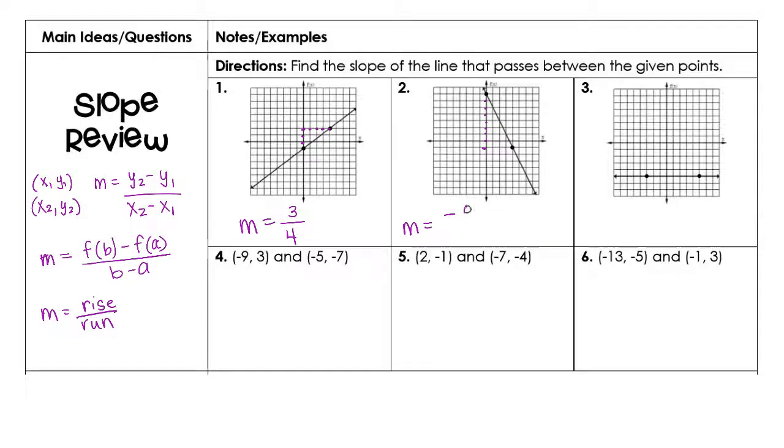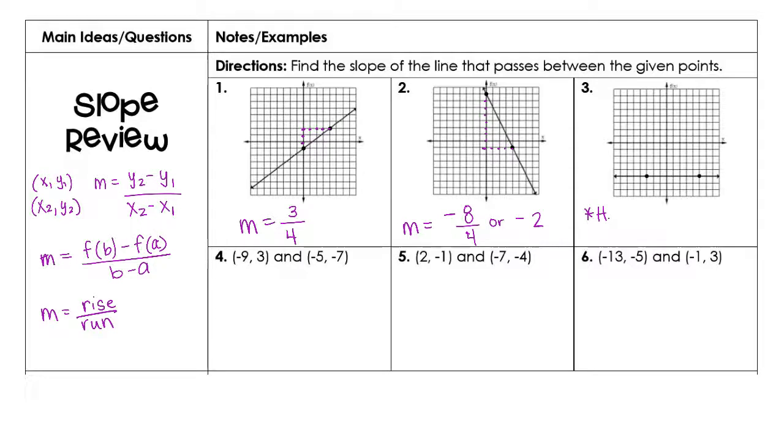So I know I'm moving downward 8 and moving to the right 1, 2, 3, and 4. So my slope is negative 8 over 4, or negative 2. Both would be accepted.